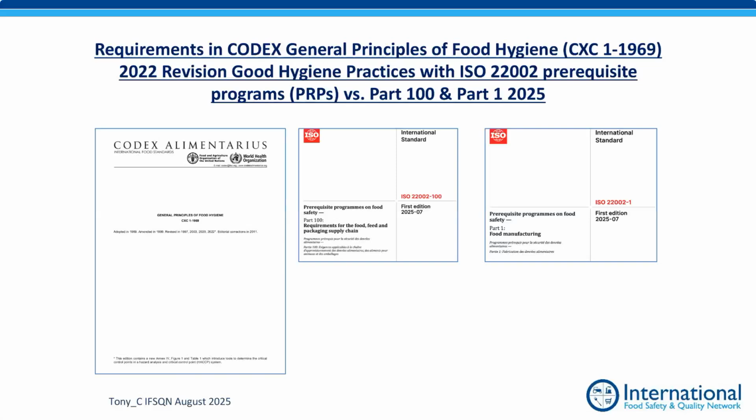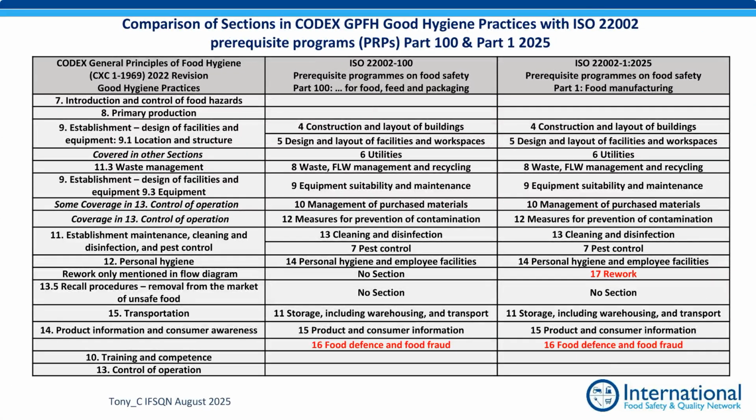The key changes of note include new requirements for systems for recycling and reuse, additional equipment requirements, additional allergen control requirements, a new section on chemical contamination, extensive rewording of pest control and additional requirements for control and eradication, new requirements for food defense, and new requirements for food fraud prevention.